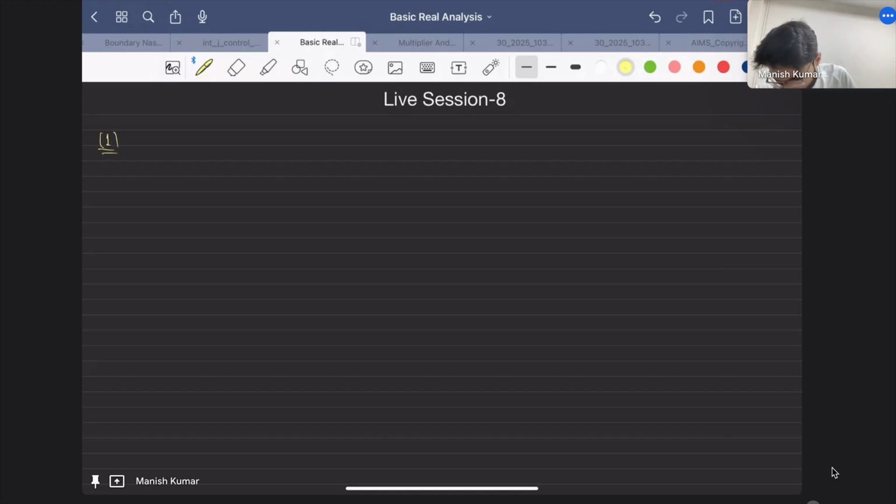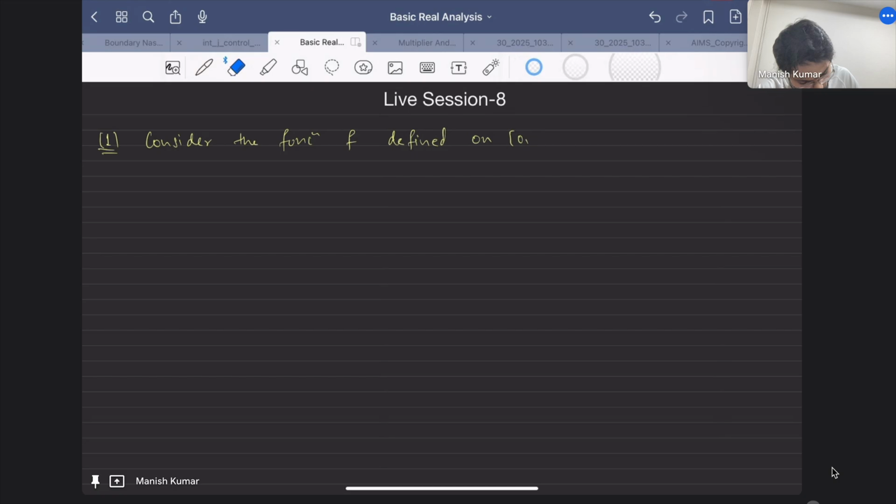So we have to consider this function. Consider the function f defined on [0,1] by f(x) = x when x belongs to [0,1] intersection Q, and it is x squared if x belongs to [0,1] intersection Q complement.